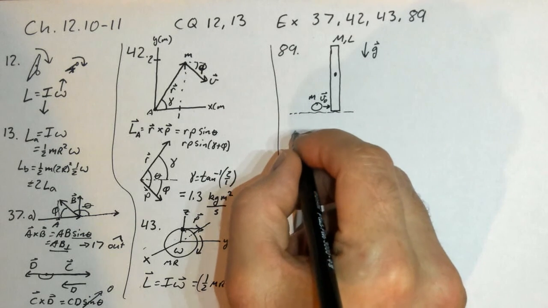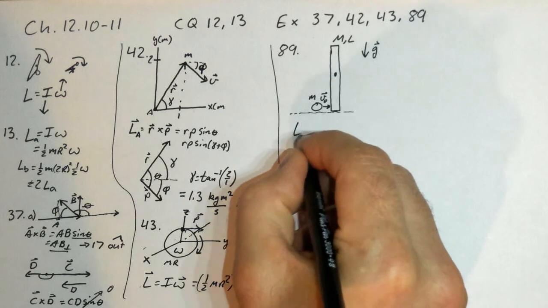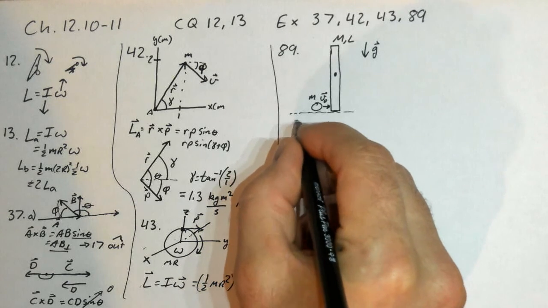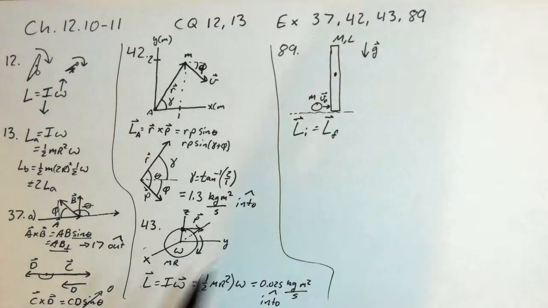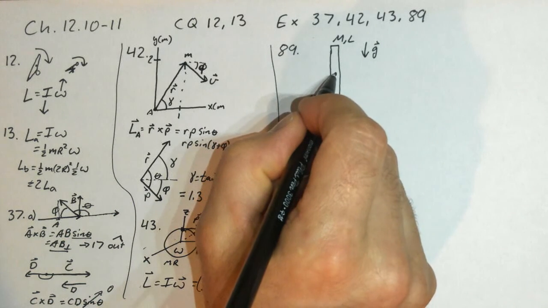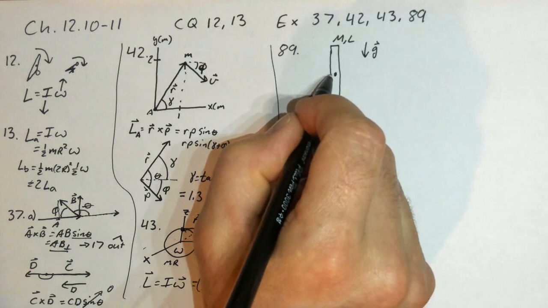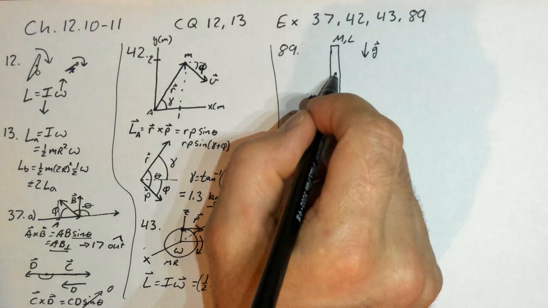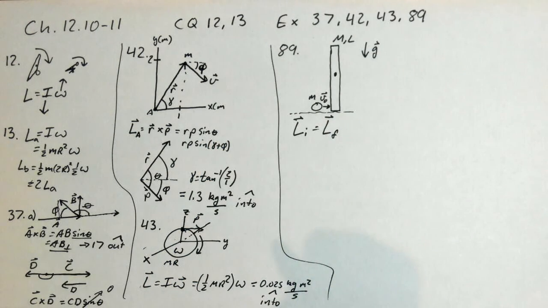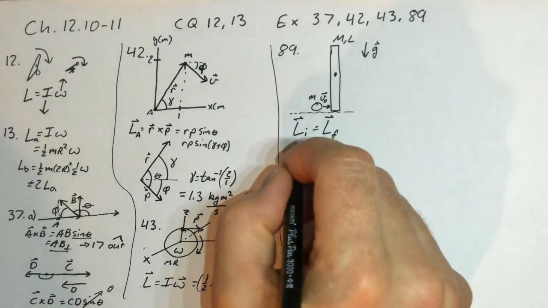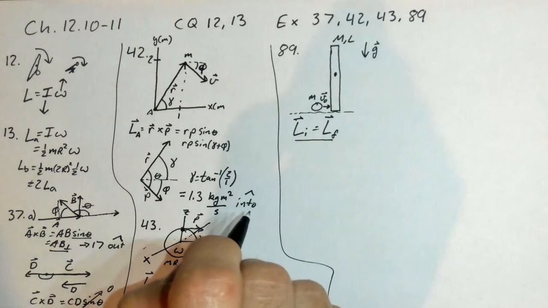But angular momentum is conserved because it's a collision about a pivot point, so we can say L initial equals L final, because there's no significant external torques about that pivot point. There's a significant force at the pivot point, but that's at distance 0 from the pivot point, so it has no torque. So we can say angular momentum is conserved.